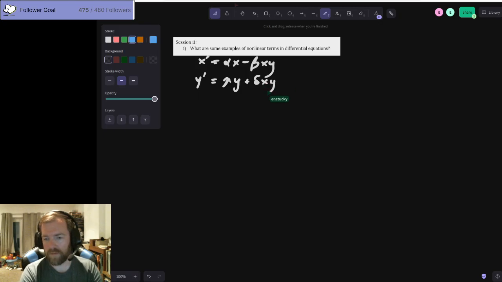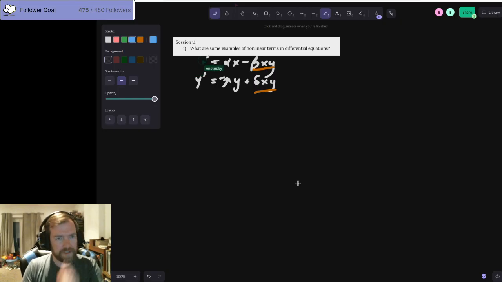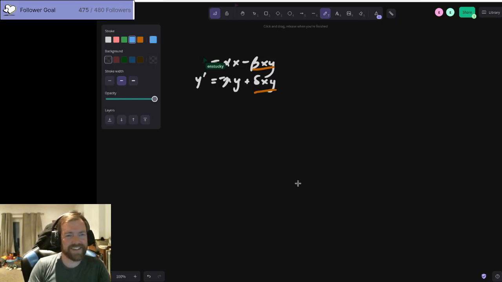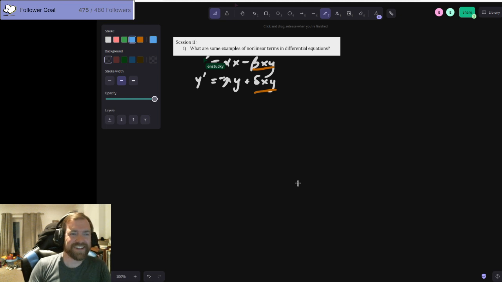Yeah, we get these nonlinear terms over here. Nonlinear in this case because I wrote x prime because I was lazy. Oh no! Now I erased the problem.